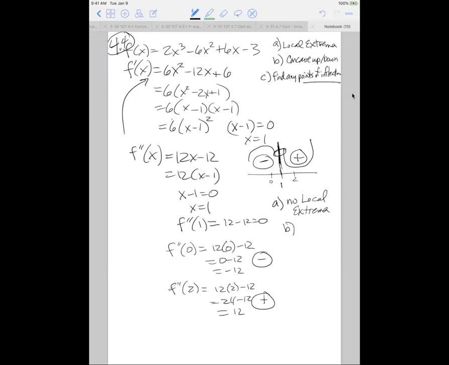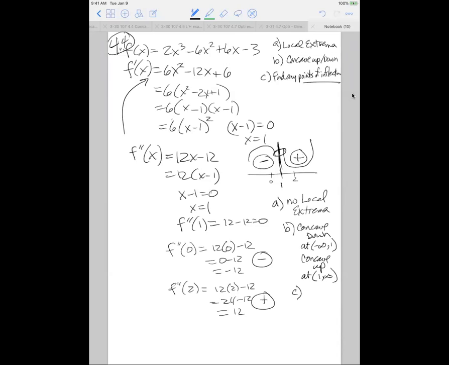Concave down on the interval negative infinity to 1, and concave up from 1 to positive infinity. It's concave up to the right. And C, find any points of inflection: point of inflection at x equals 1.